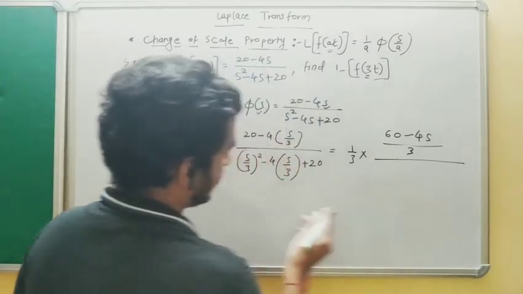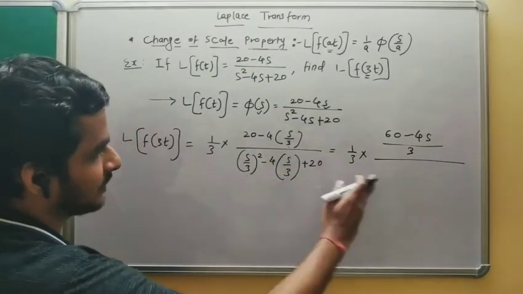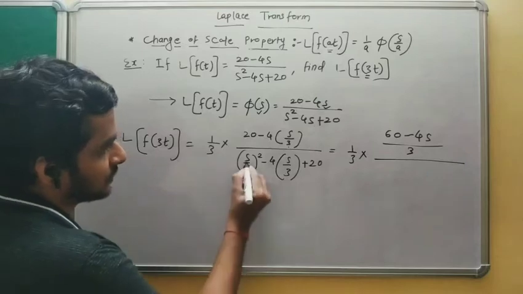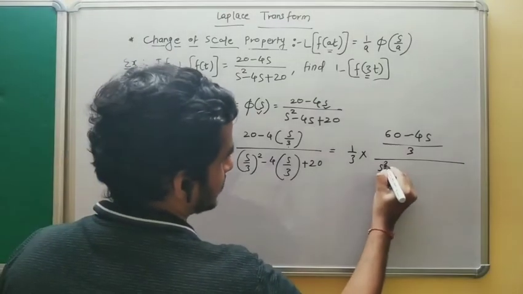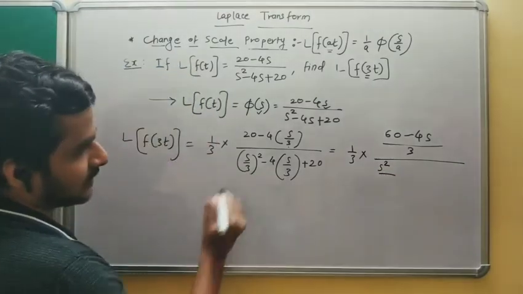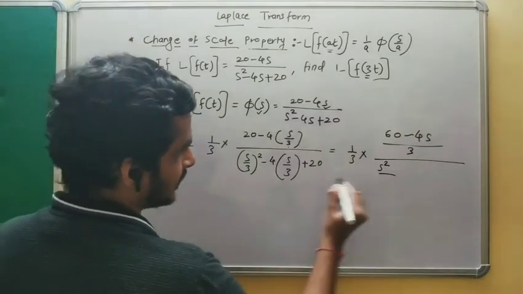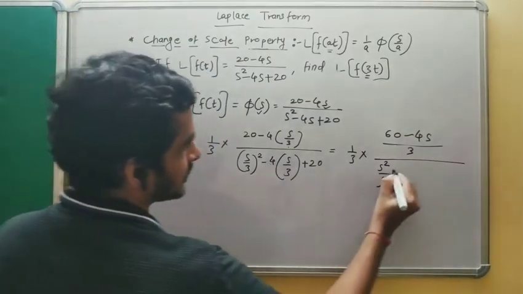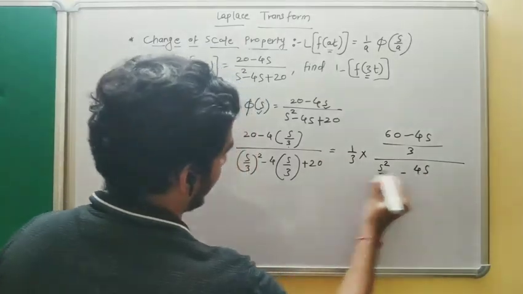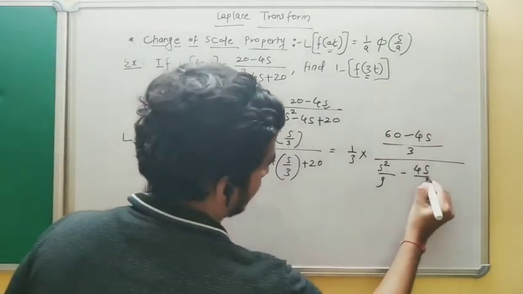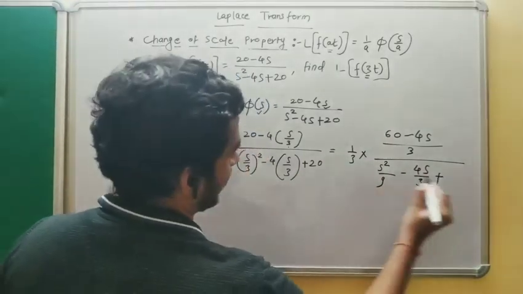Now in this denominator let's solve this bracket first. So this will become s square upon square of 3, that is 9, minus 4s by 3 plus 20.